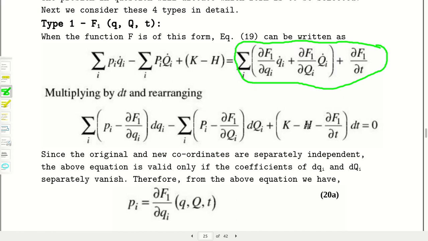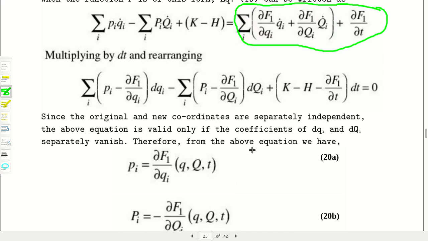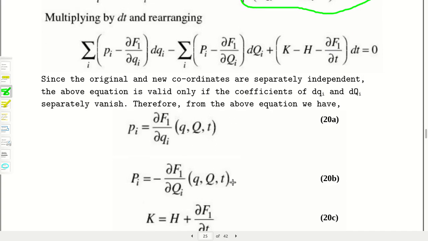Taking the common terms in groups, you can see here the 2n number of variables, that is qi, capital Qi, and they are independent, and dt is also independent. So the coefficients of each differential must be zeroed individually.